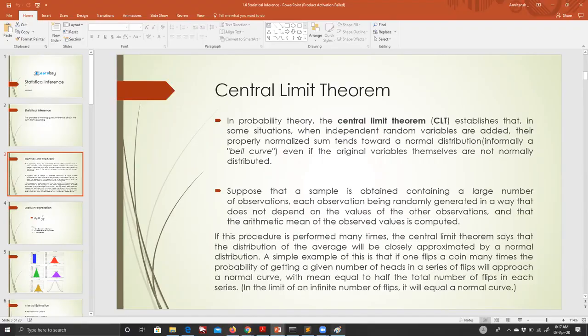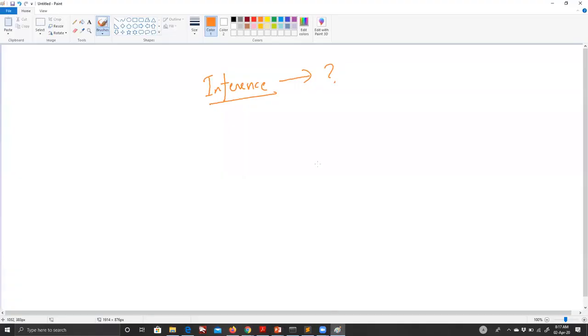Fundamentally, what they are saying is you can start with different kinds of probability distributions or different kinds of initial distribution, but you keep averaging them out. In the long run, they start to look like a bell curve.